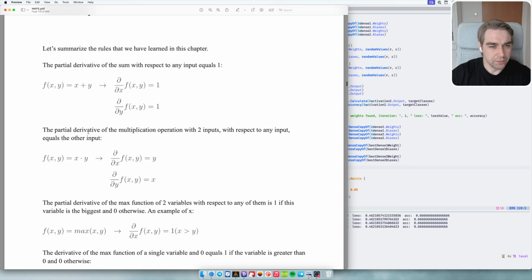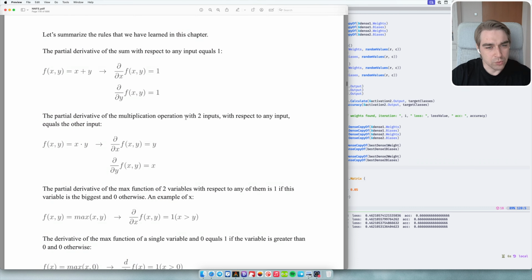The partial derivative of the multiplication operation with two inputs, with respect to any input, equals the other input. Okay. So here we treat it as 0, right?